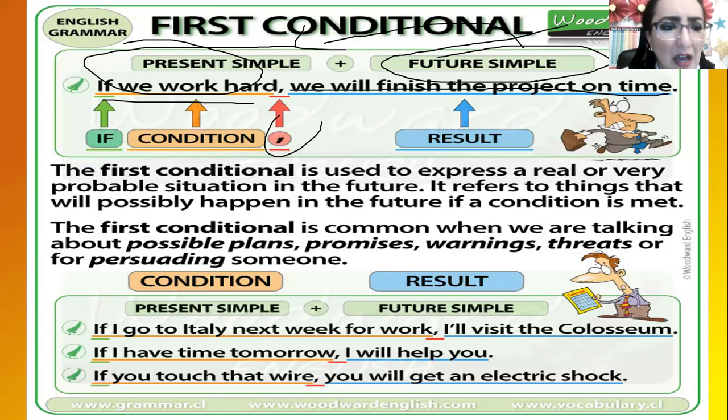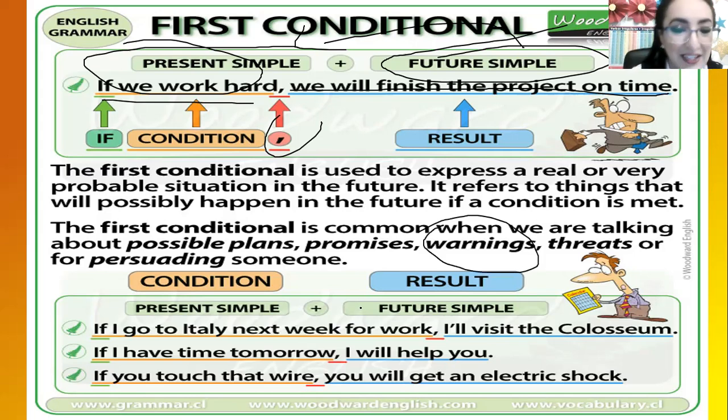Yes, but how can I do this? Oh, well, if I go to Italy next week for work, I'll visit the Colosseum. This is like a plan that I have for you. If I have time tomorrow, I will help you. That is a promise that I'm making. If you touch that wire, you will get an electric shock.